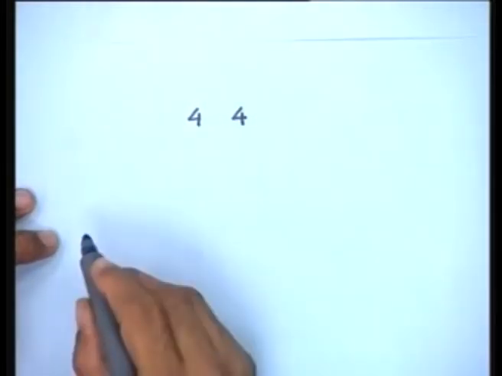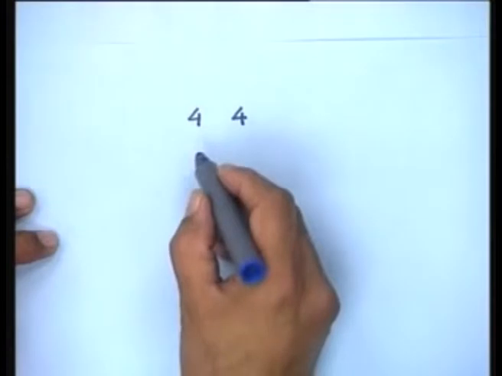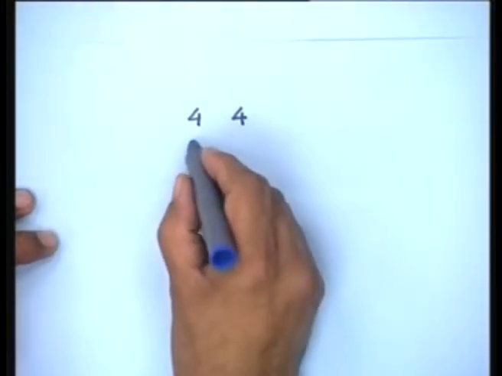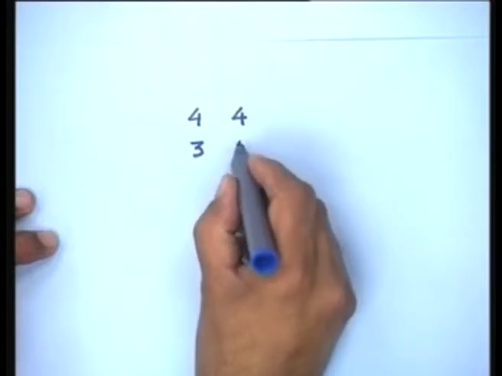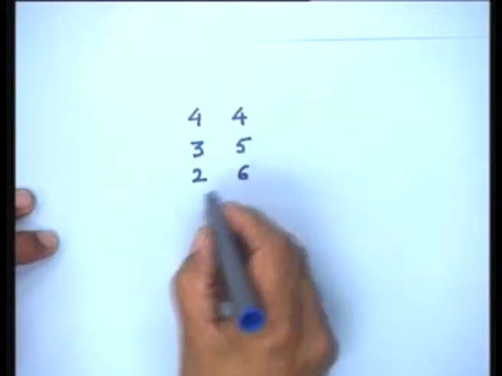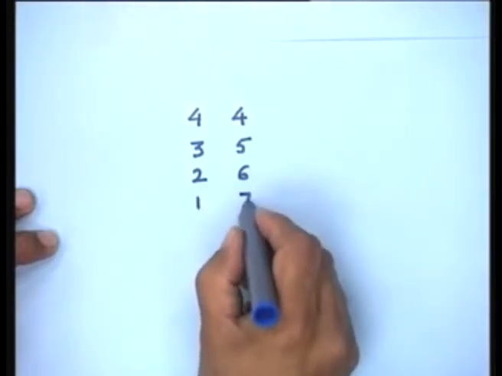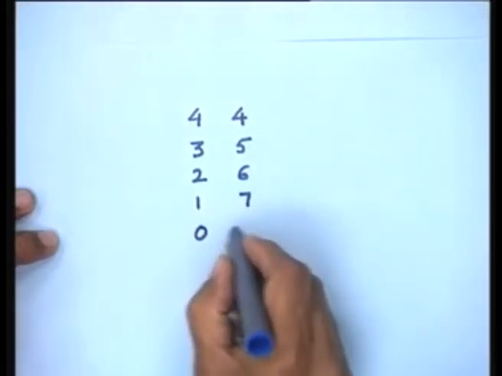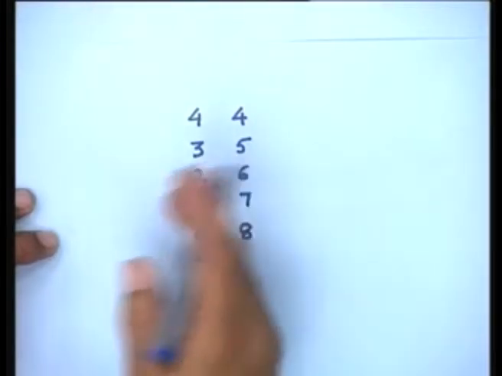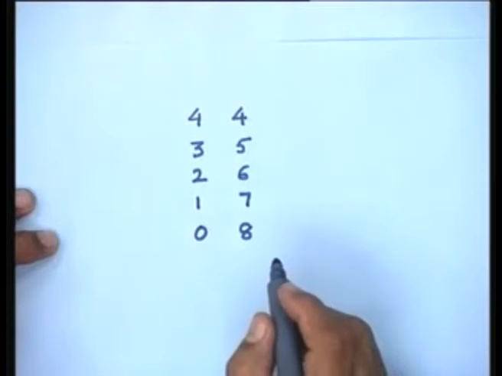It's perfectly balanced. Let's try to increase the amount of imbalance in this. What can happen is 3 men here, 5 men here, 2 men here, 6 men here, 1 man here, 7 men here, and in the worst case you have 0 men here and 8 men here. It could be distributed either this way or that way, it doesn't really matter.